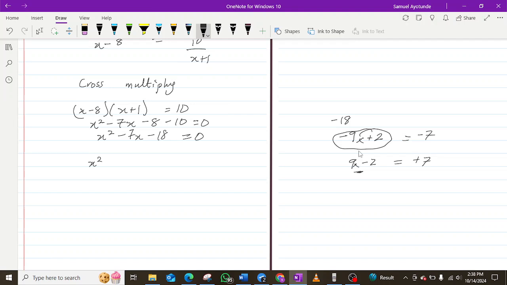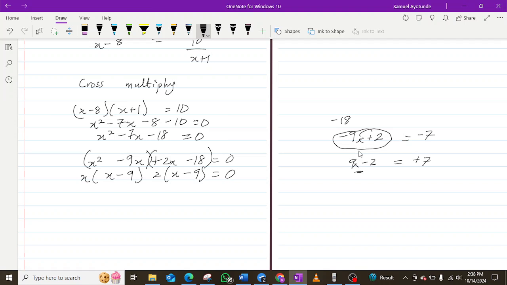So I have x squared minus 9x plus 2x minus 18 equals 0. So put them in brackets. The factor for the first pair is x, so we have x(x minus 9), and the factor for the second pair is 2, sorry, not 2x, so we have 2(x minus 9).